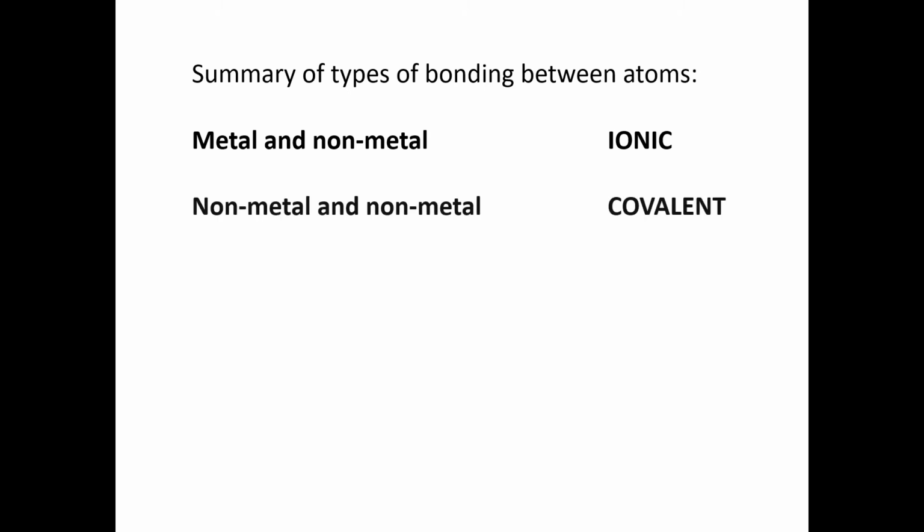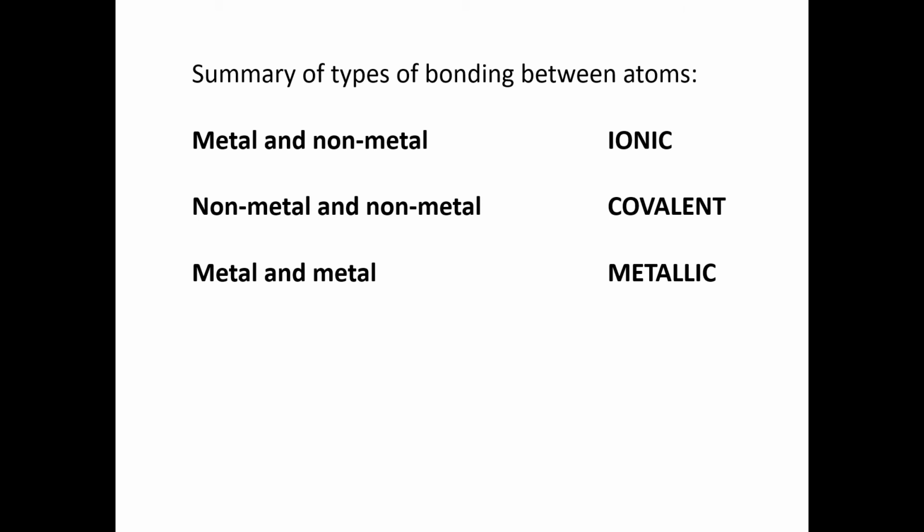If the two atoms are non-metal with a non-metal, that will form a covalent bond. And finally, as we've seen today, if we have two metals, we mix them in an alloy, that will form what we call metallic bonding. There are three types of bonding you need to know about: ionic, covalent, and metallic.